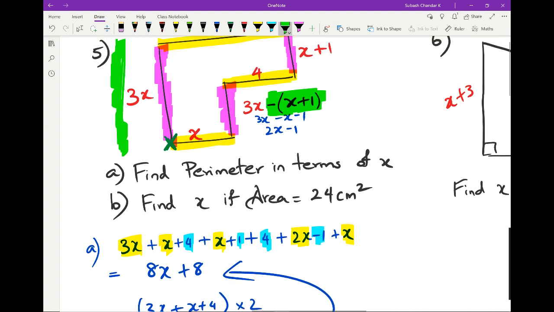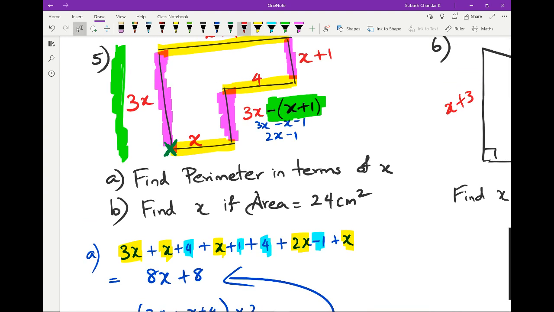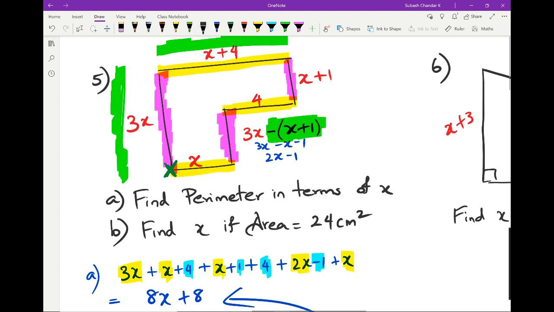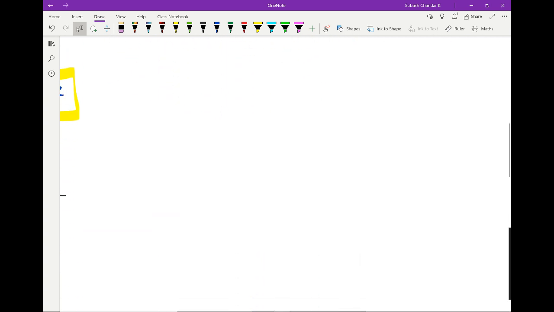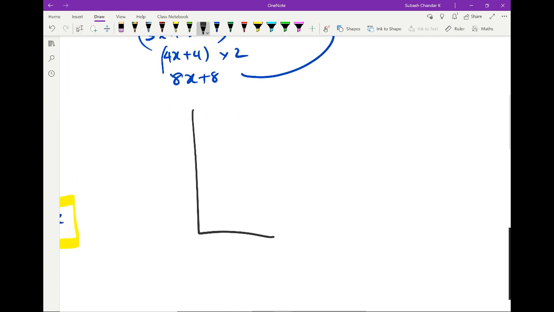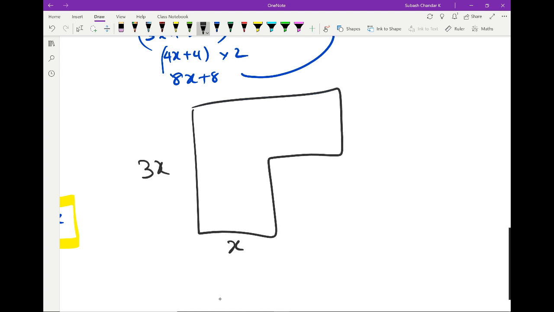Okay, so the next part says find x if the area is 24. So I'm just going to take this diagram again. So what I had was 3x, x, 4, and x plus 1.